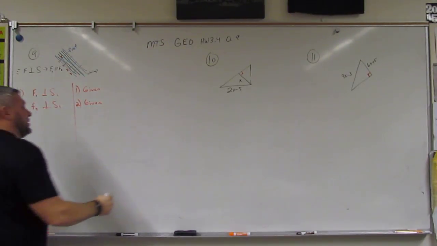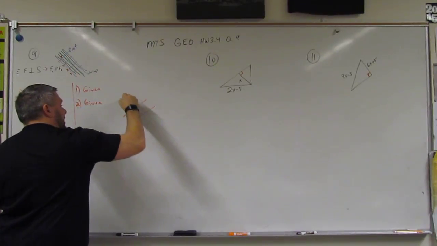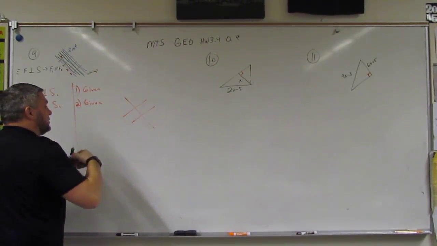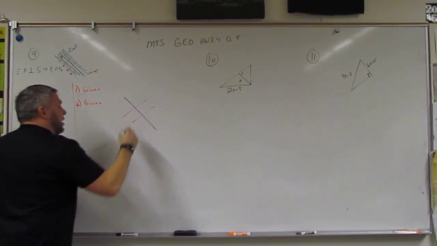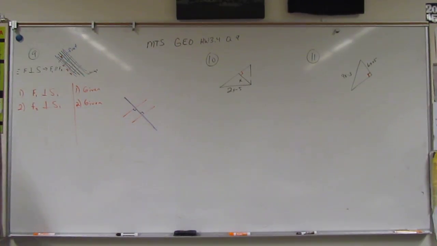Now, basically we have another picture. We're saying, hey, I got this and this, I got this transversal, right? Let's go with a different color transversal, okay? And I know that this and this are perpendicular. Now, it depends on what you use. I'm going to use something easy.